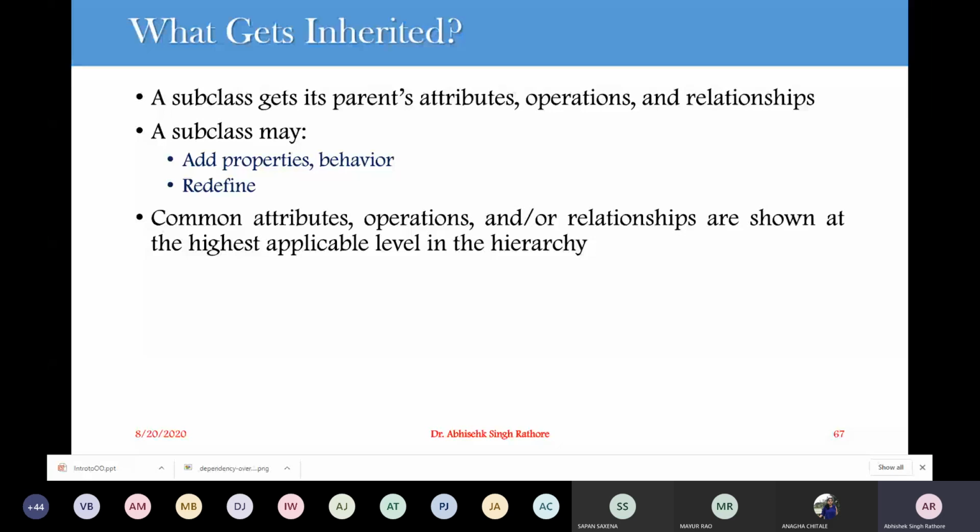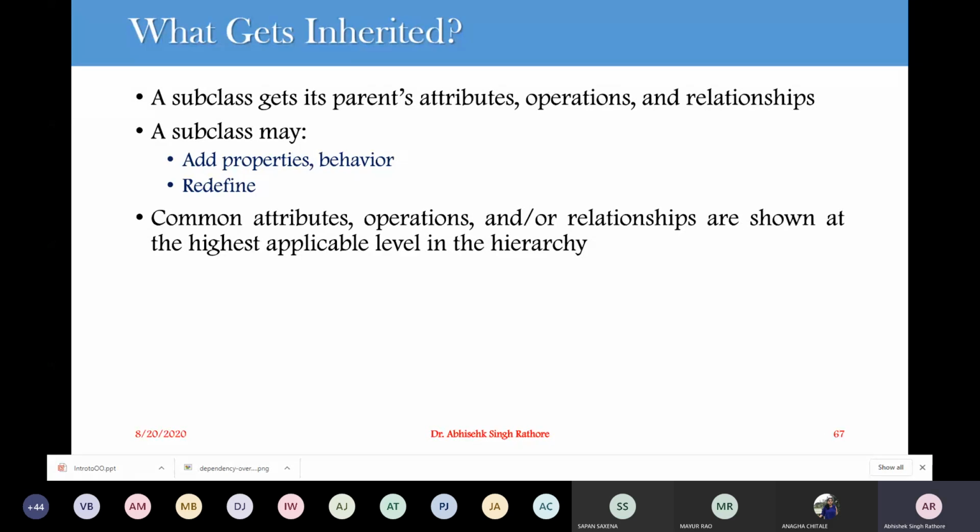In addition to that, a subclass can add its own properties, behavior, and relationships with other classes, or it can redefine the properties and the behavior of its classes. That is, it can modify the operation of a superclass in its definition. So in this way we get the hierarchy.